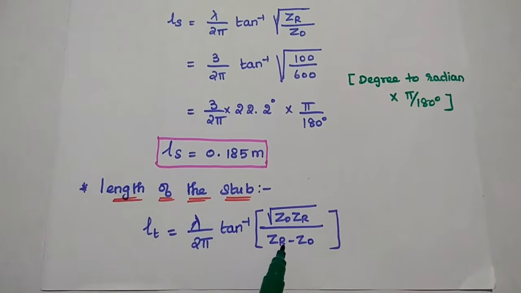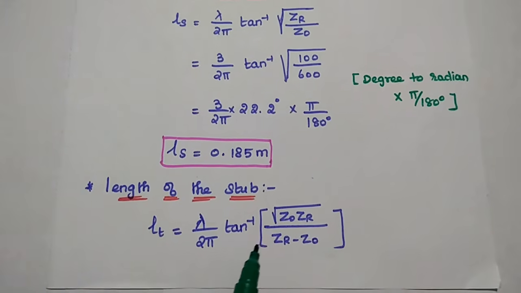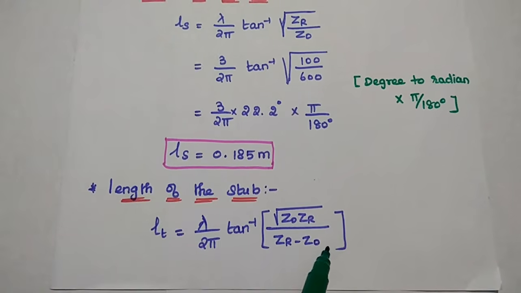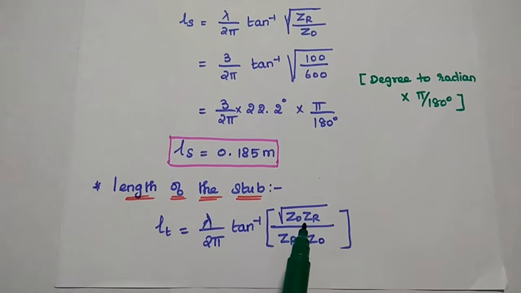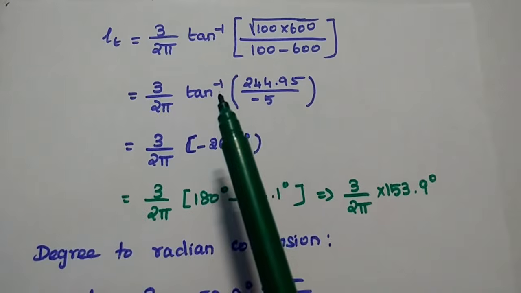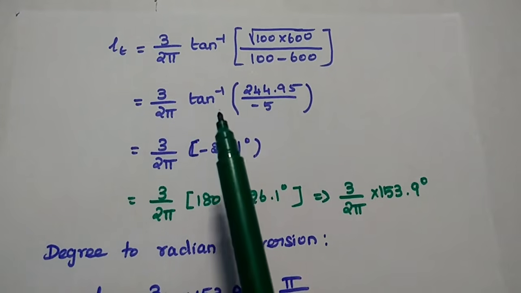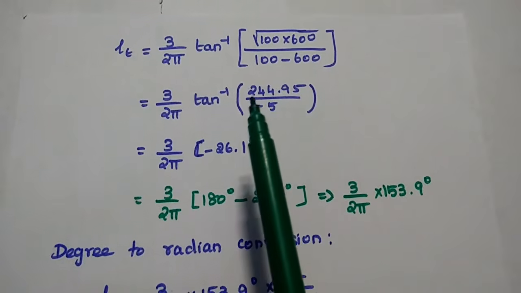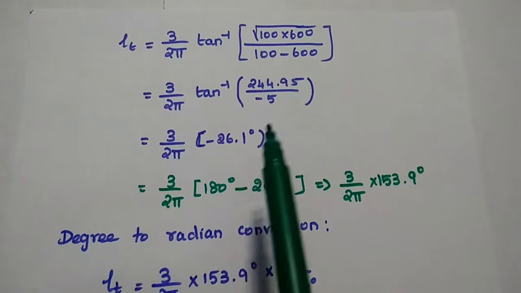Next we are going to find out the length of the stub. Here the formula in terms of impedance is used. LT is equal to lambda by 2 pi tan inverse of square root of Z0 ZR divided by ZR minus Z0. We can substitute the values of lambda as 3 meter, Z0 value as 600, ZR value as 100. After substituting these values, we can get 3 by 2 pi tan inverse of 244.95 divided by minus 500. So here tan inverse of this value is minus 26.1 degree.